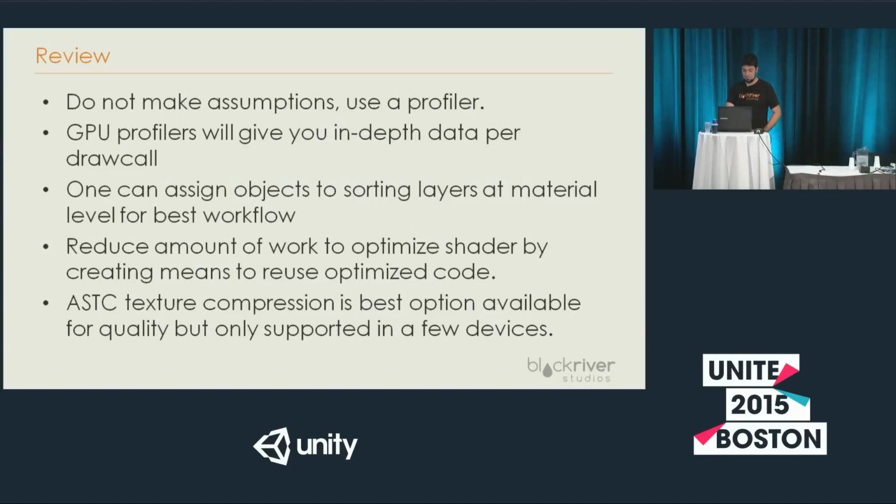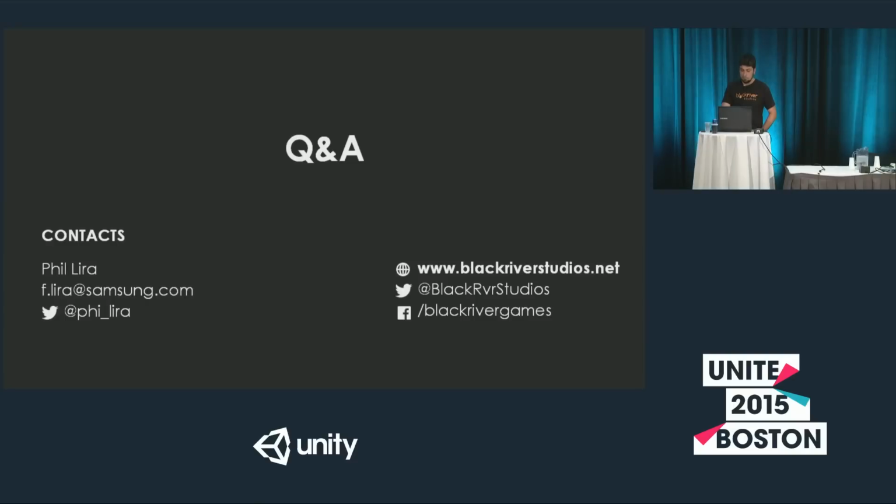You can reduce the amount of work of optimizing shaders by creating ways to reuse the code. That's what we did with the nodes and with the macros in the include file. And ASTC texture compression gives you the best option available for quality, but it's not supported on all devices, so you have to be careful. Now, if anyone has questions, I'd like to take them.